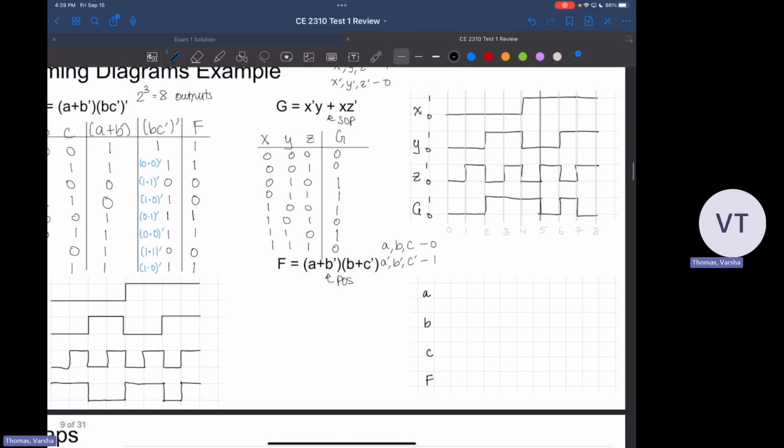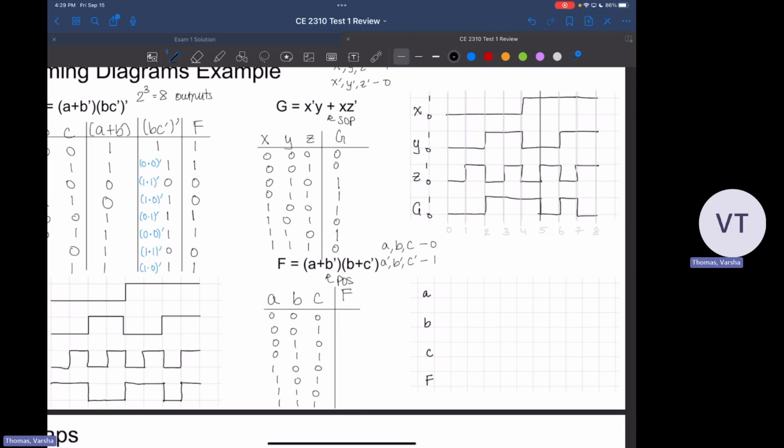Again, break this down into a truth table if these little skips in logic are tough to figure out. A, B, C, F. Okay, and we're going to cram the numbers at the bottom: 0, 1, 2, 3, 4, 5, 6, and 7.